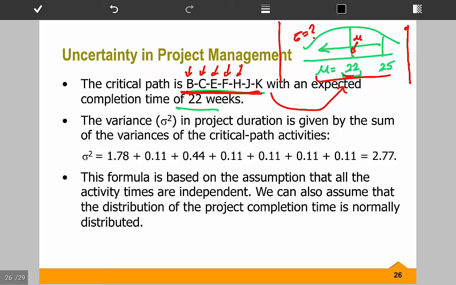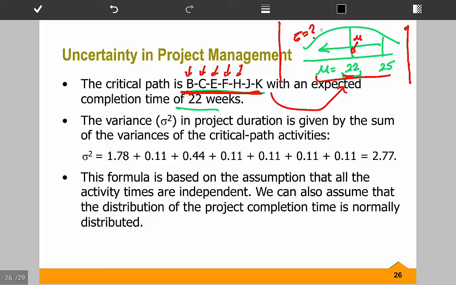So why not use the same logic to get the standard deviation? Standard deviation has a variance, but because it is a root measure, you cannot add them. Whereas variance, you can add them all up. So to find the variance of this project completion, you can add the variance of every activity in that critical path, B, C, E, F, H, J, and K, and get the variance of this project completion time, right?